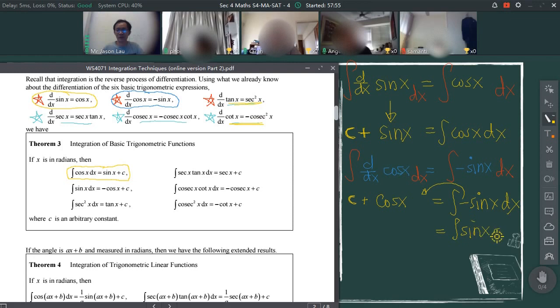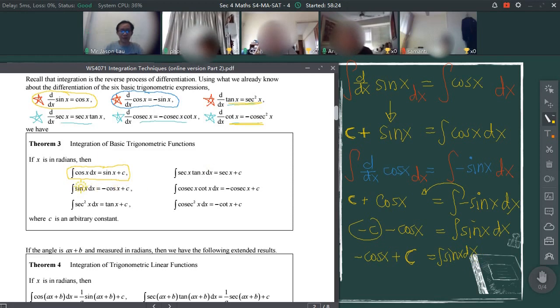So when I take it over, I get negative cosine x minus C. But this is just a constant, so I write it as C again. It's just an arbitrary constant. Nobody will know this constant, so I just write it back as that. So I write it in the reverse way. I write the cosine first, then equal to sine. So I get the second one here.